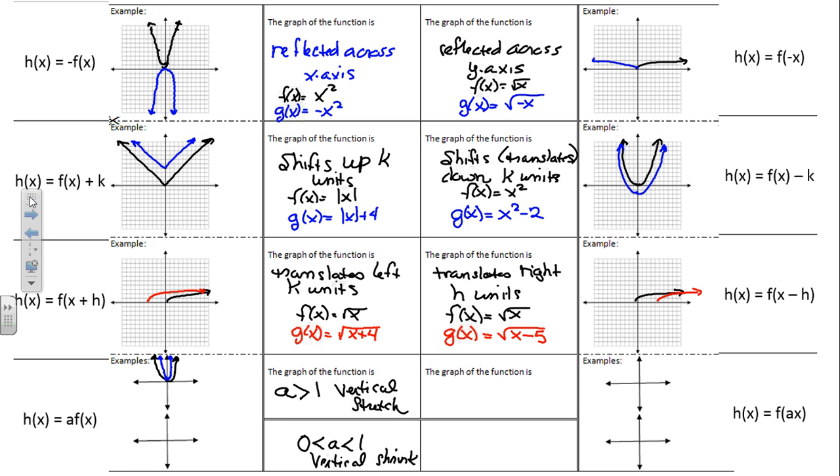It's going to be narrower. Okay. Stretch vertically. But when a is between 0 and 1, a fraction, if my original looked like this, it's shrunk vertically, it's flattened. Okay, makes sense?